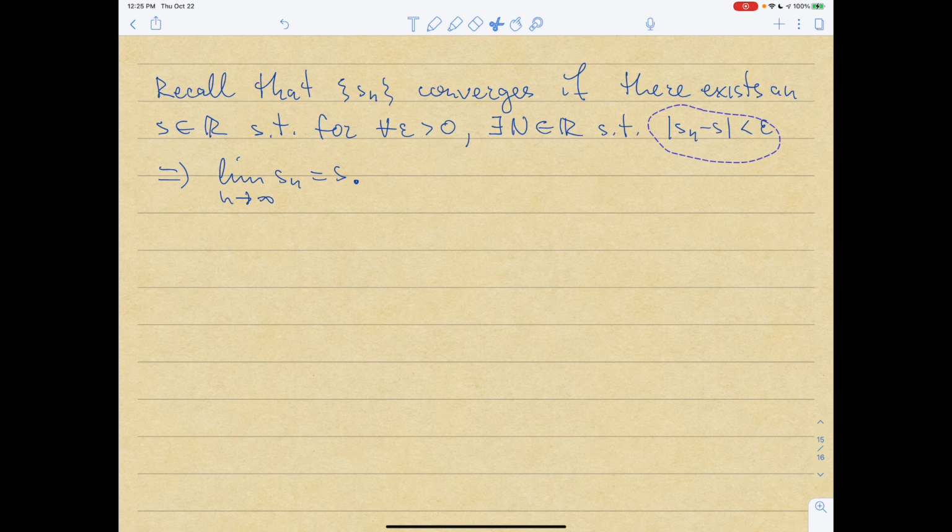Which means that if I compare two Sn's with n being bigger than capital N, for example, if I know that S20 and S51 are less than epsilon from S, then the difference between S20 and S51 must be less than 2 epsilon, just by the triangle inequality.